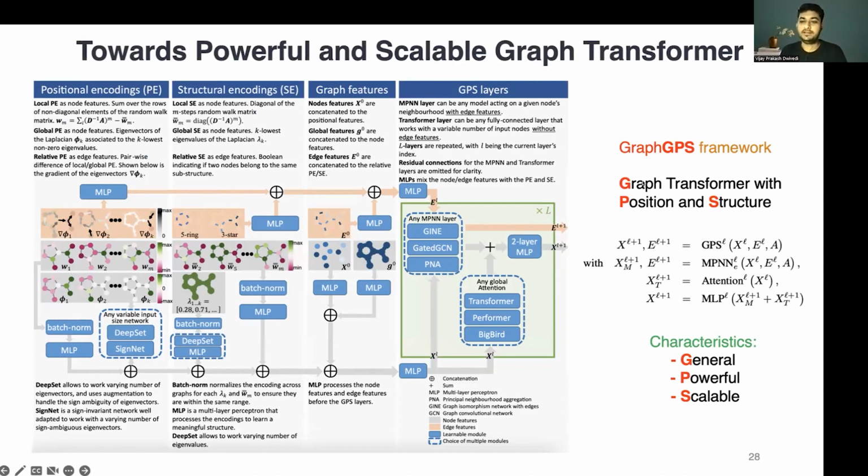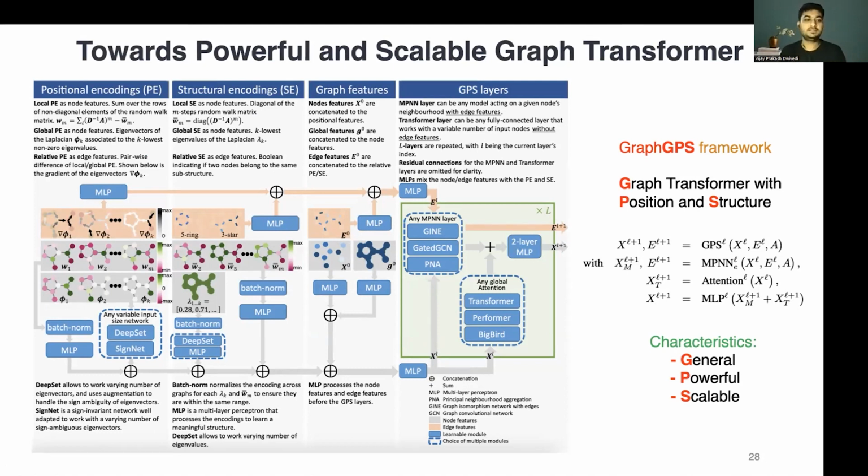So it is a general, powerful, and scalable graph transformer framework, which consists of a module to integrate positional encodings and structure encodings, and at any time, multiple positional and structure encodings can be combined. Sometimes we have seen in empirical practice that some path-based positional encodings, some shortest path-based positional encodings, may be useful for certain tasks, but may not be useful generally.